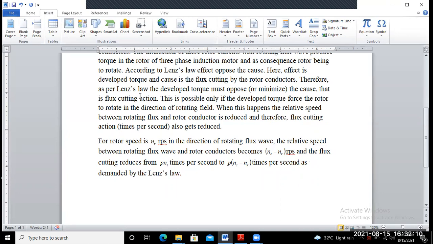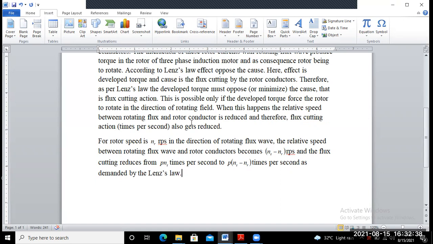You may concentrate here. According to Lenz's law, the effect always opposes the cause. So the effect here is the development of torque, and the cause is the flux cutting action. So the cause must be minimized by the torque production. Due to this torque, the rotor starts to rotate at a speed of nr in the direction of the rotating magnetic field.